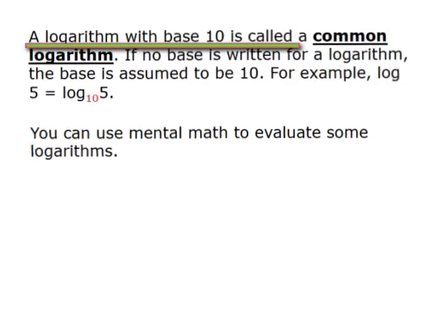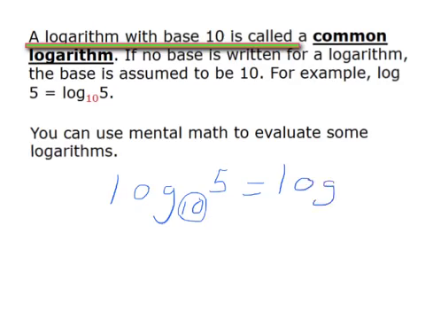If I were to have log base 10 of 5, oftentimes I would not write it with base 10 right down here. I would just write it as log of 5. So if you don't see anything there, what does it mean? Well, that means your base of your log is 10.